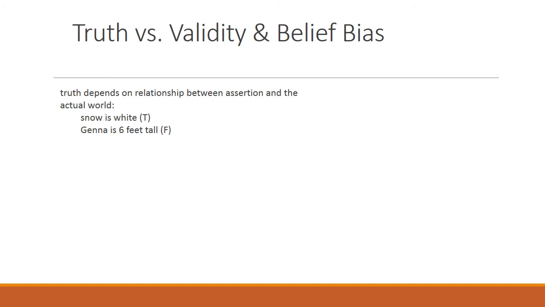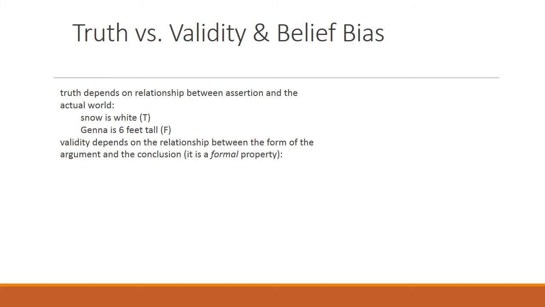But Genna, our professor, being 6 feet tall is not true. Validity depends on the relationship between the form of the argument and the conclusion. It's a formal property, not what's true in the real world: if you're given these premises, is the conclusion valid given those premises?